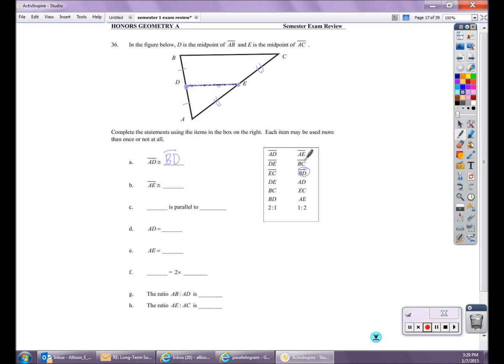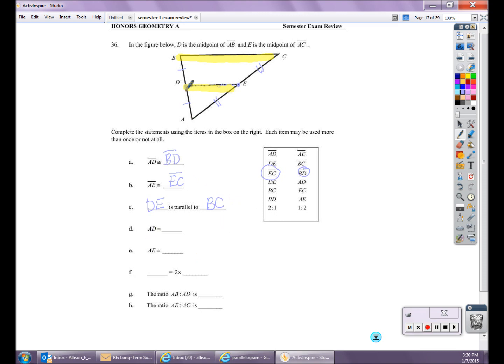AE is the same as EC, which is there. The two lines that are parallel are the mid-segment with the base. DE is parallel to BC.